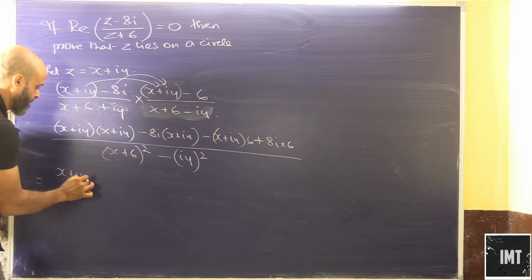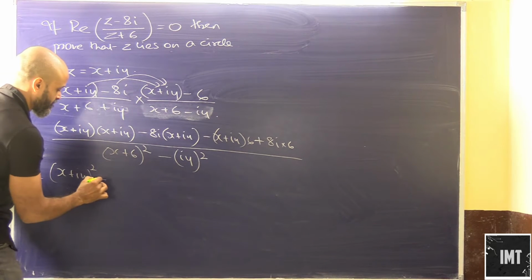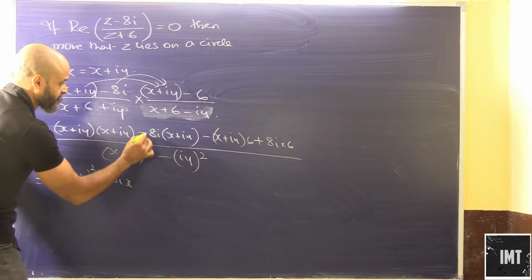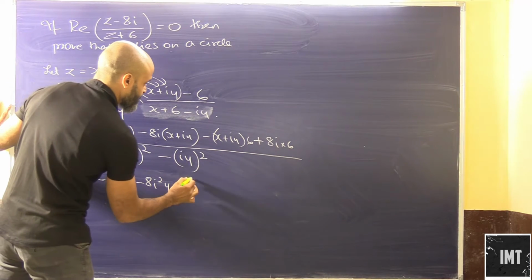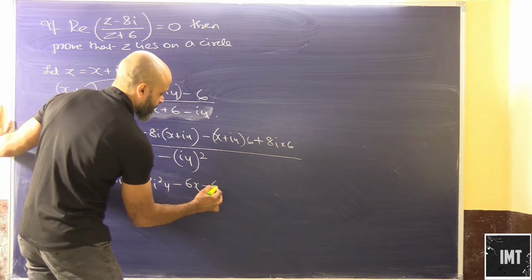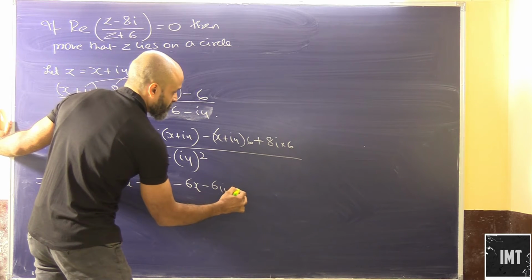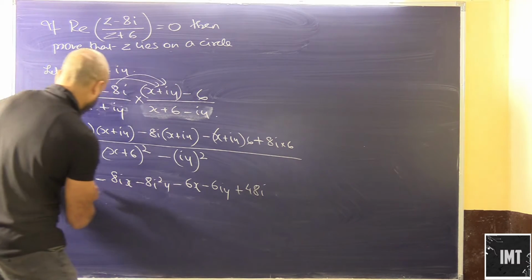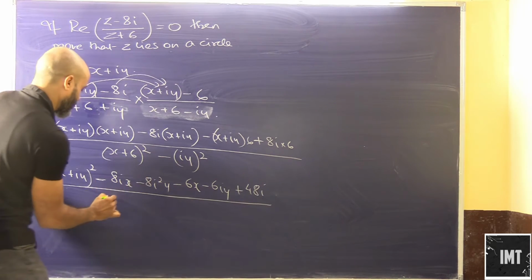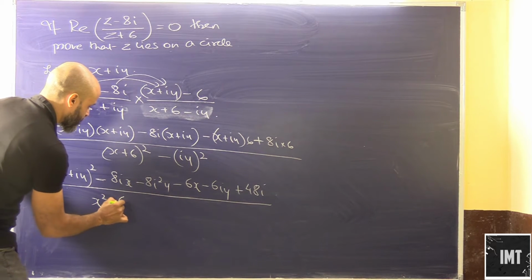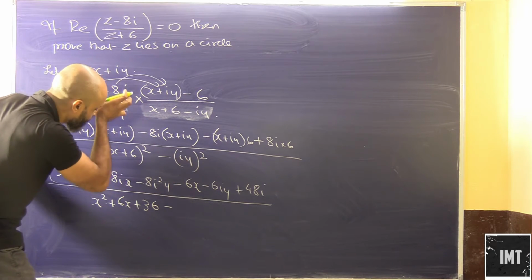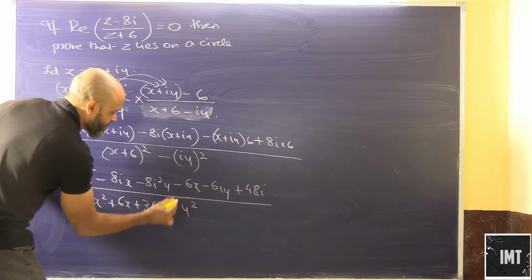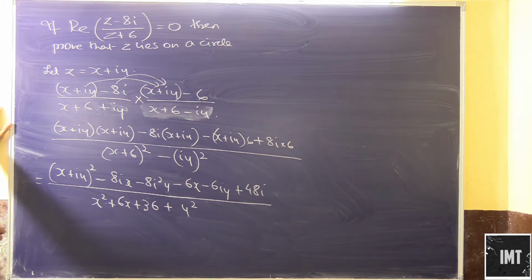X plus iy whole square minus 8ix minus 8i square y minus 6x minus 6iy plus 48i, and here it will be x square plus 6x plus 36 minus i square y which means y square. So minus i square y which means plus. Okay. Alright, so let's do this one here.